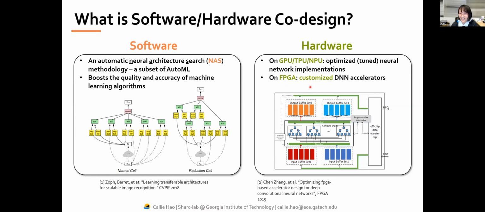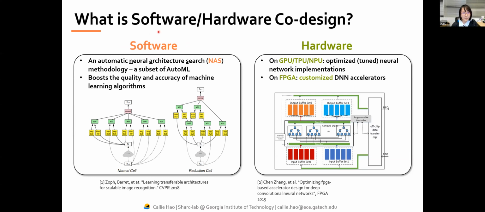So FPGA is more interesting, and this is what I'm mostly interested in. Here in this figure is also a pioneering FPGA accelerator for deep neural networks. The accelerator itself is highly customized, so it has very high performance.